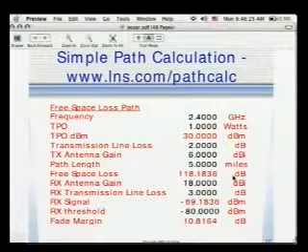Fade margin is the amount of signal over what the receiver needs to be able to receive the signal. Typically for longer links, you want a higher fade margin because you know you're going to have more varied signal between high and low. Through atmospherics and such, it may attenuate a little bit more during the day or night or whenever the rainstorms come through.